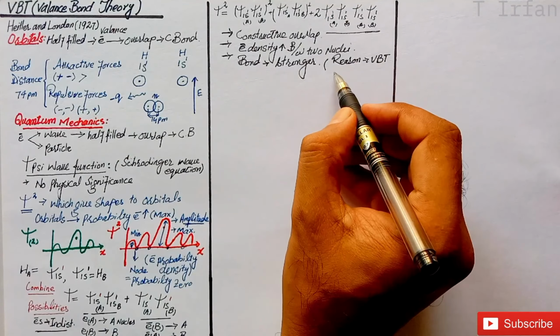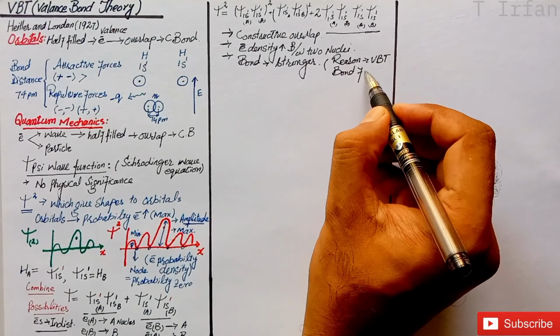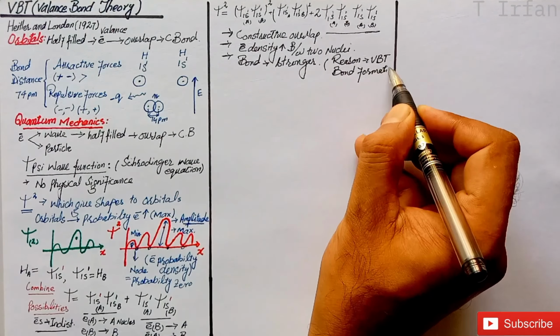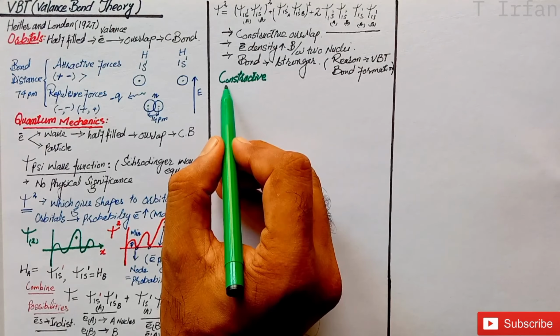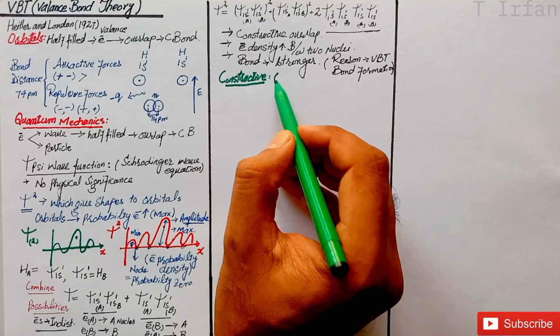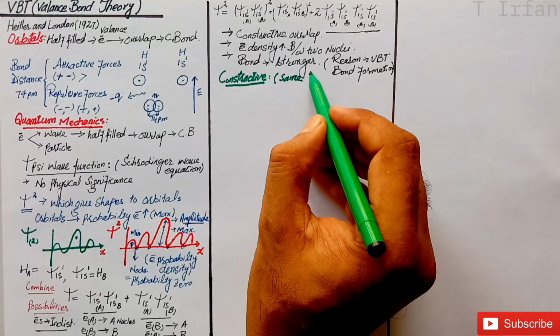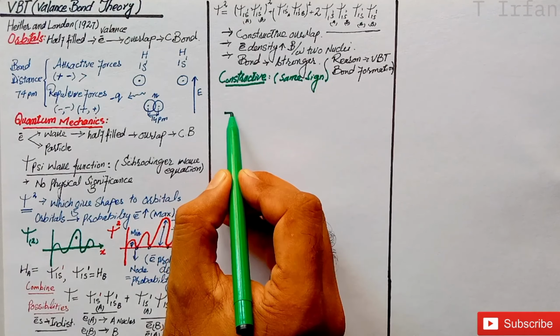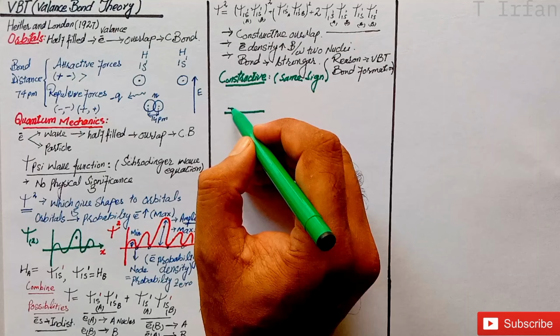The waves of the electrons can overlap or combine in two different ways: one is constructive and the other is destructive. In constructive overlapping, waves of the same sign overlap. For example, we have two waves of two electrons which are in the same phase.